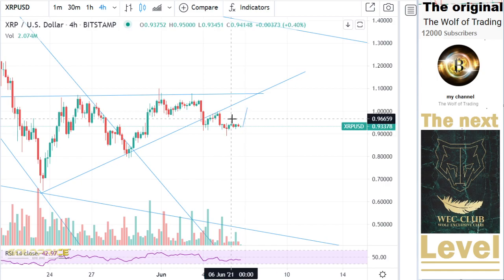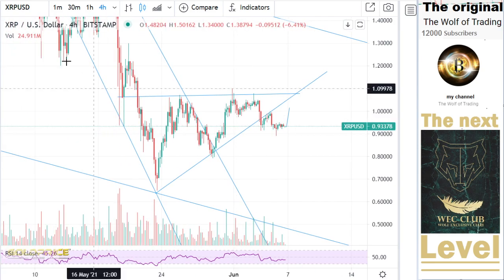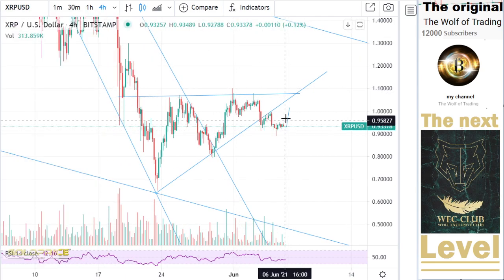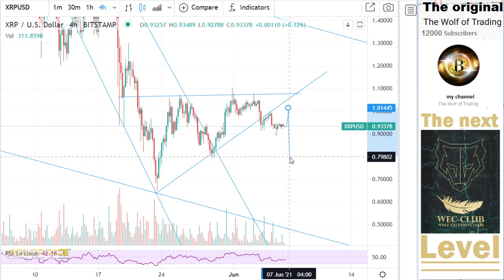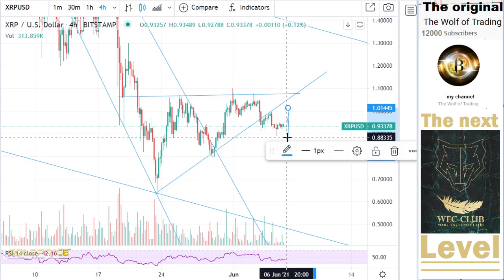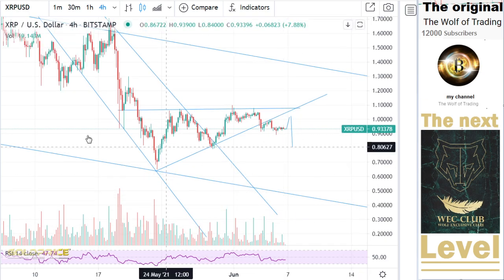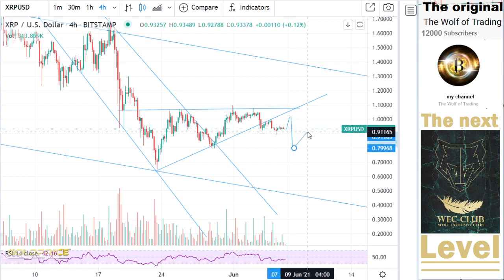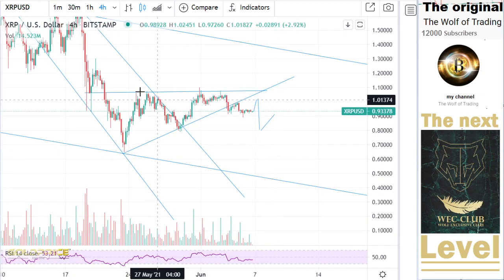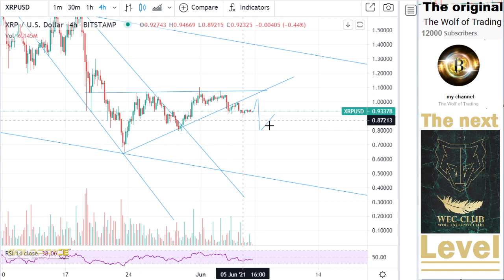Everybody thinks XRP will go to the top side, and then the big boy is coming and shaves you, and the price is falling to the downside to 80 cent. Test this level, coming back to the top side, and the next move begins to the downside.